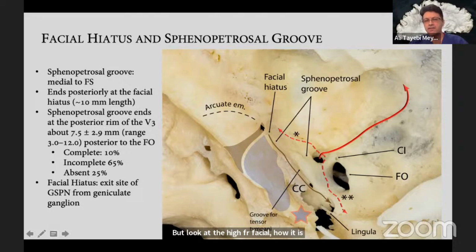Once the facial nerve gets to the labyrinthine segment, there is a sharp turn anteriorly that produces the geniculate ganglion here, and the GSPN exits the facial hiatus here, and it goes along a groove that is called the sphenopetrosal groove, but it may not always correspond with the entire length of the GSPN. GSPN actually goes on top of the carotid finally to get into the vidian canal here. It is not always a complete nerve.